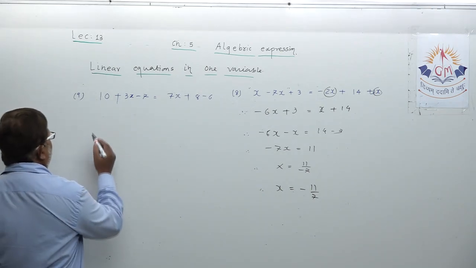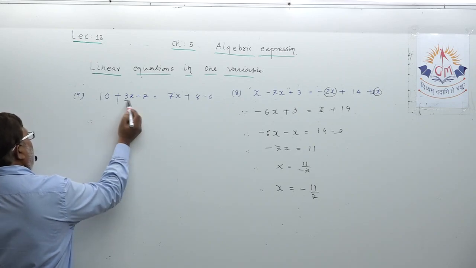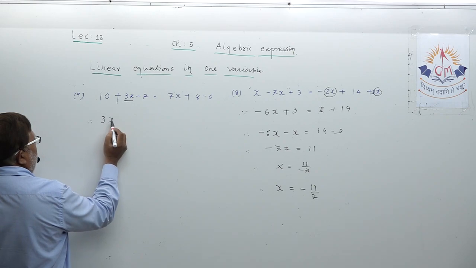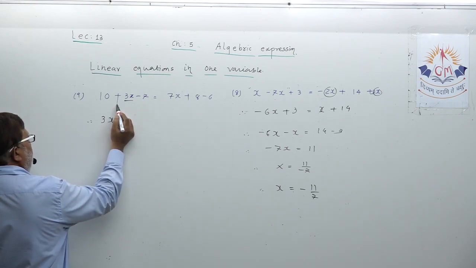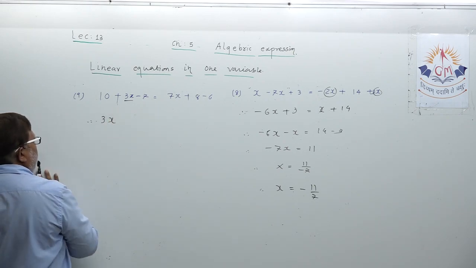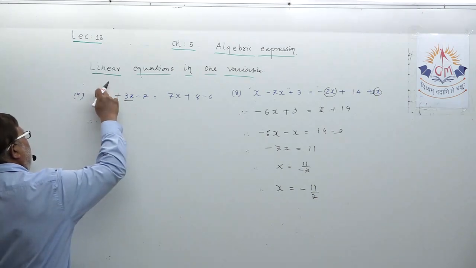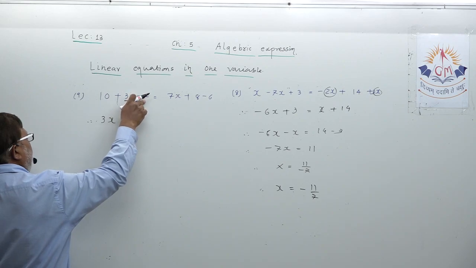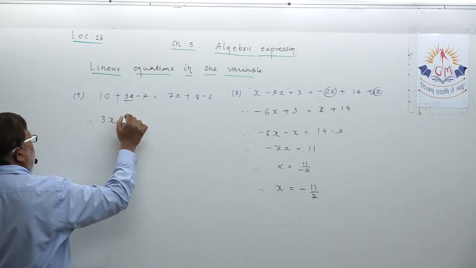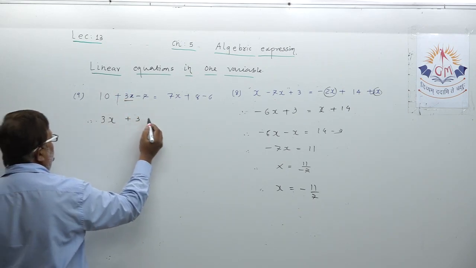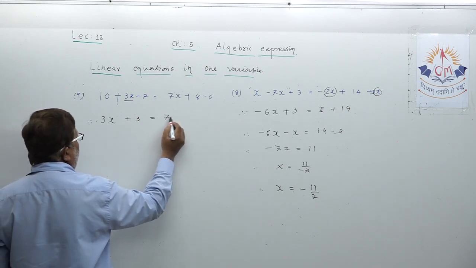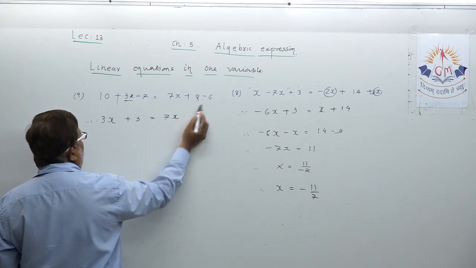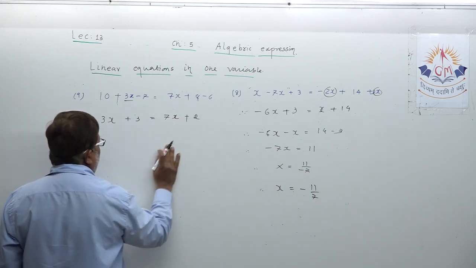Let us do it. 3x will remain as it is with this sign, 3x. Because here is plus sign, you do not need to mention. 10 minus 7 plus 3 equal to 7x plus 8 minus 6, that is 2.